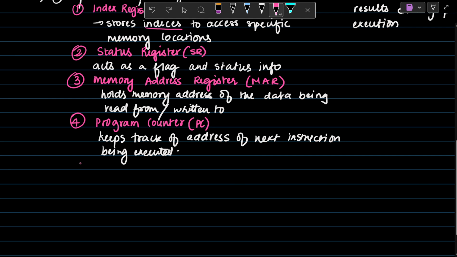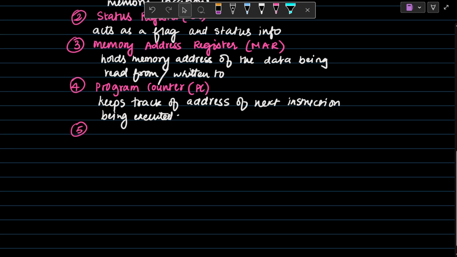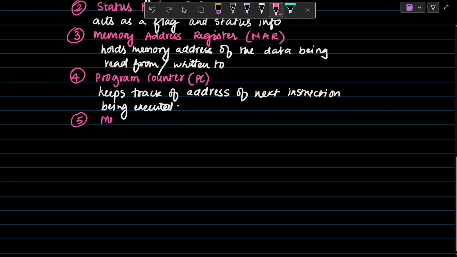After the PC, our fifth one is the memory data register, MDR. Notice how the MAR and MDR look kind of the same. It's because the memory address register contains the address of the data, and the data in that address is the memory data register.